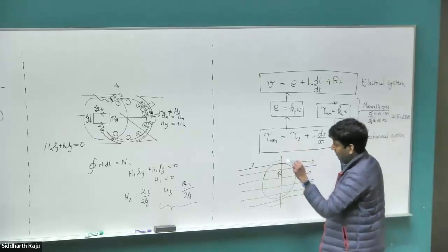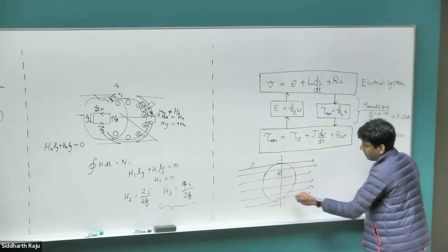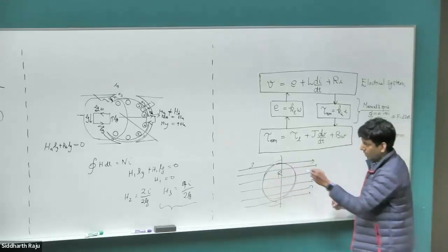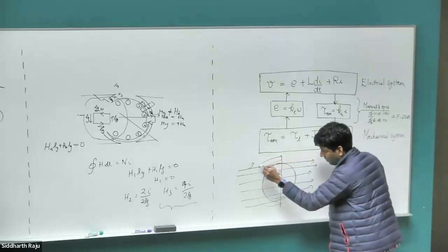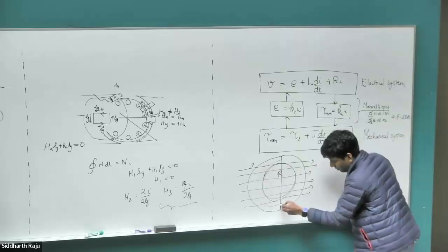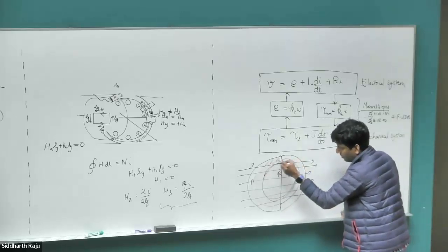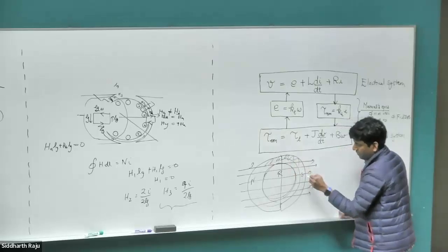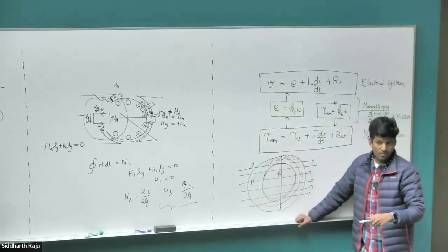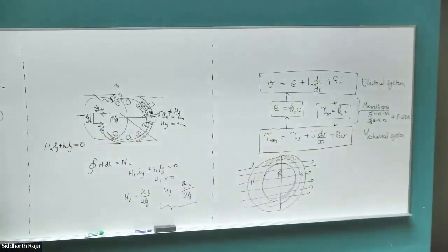So according to the convention, here it's completely positive, here it's completely negative. You can think of it as encapsulated by two arc magnets, such that this side is fully north and this side suddenly makes a step change to south. That's what this flip essentially means.